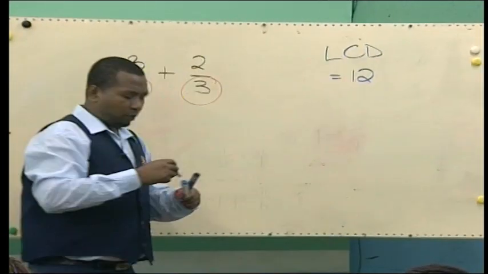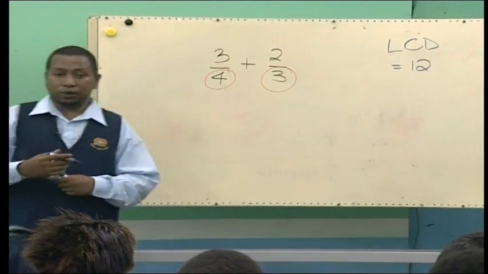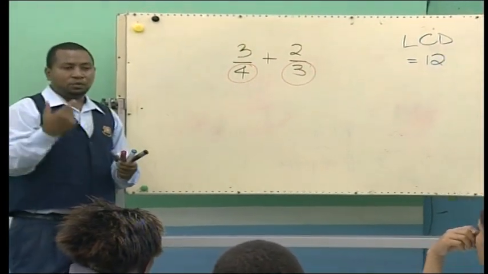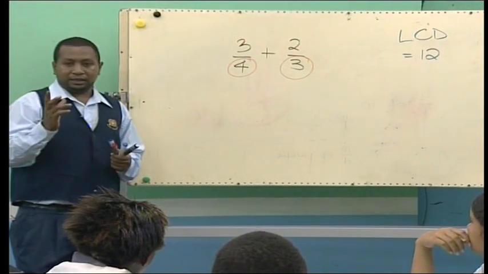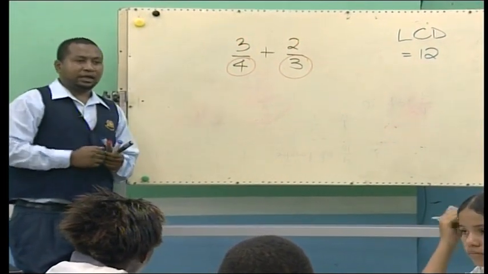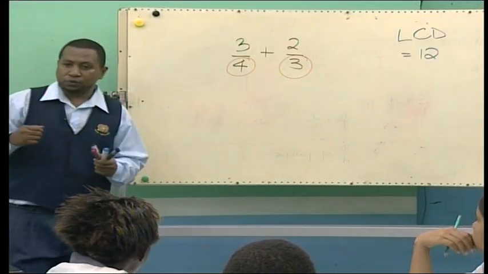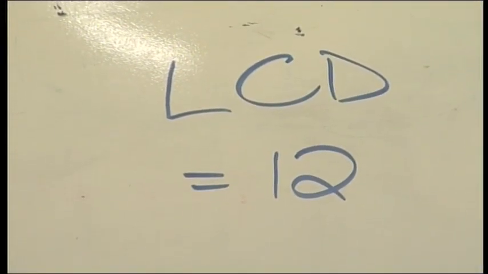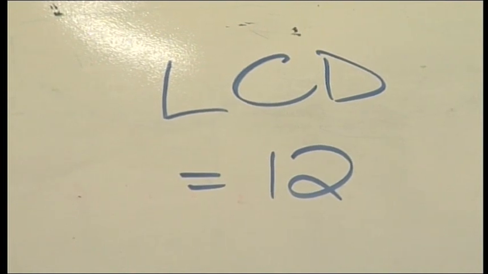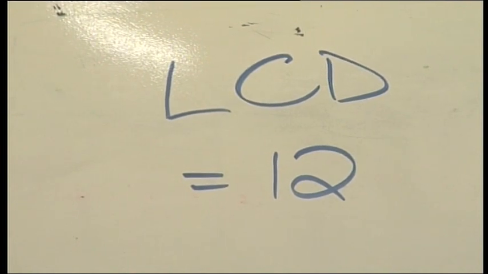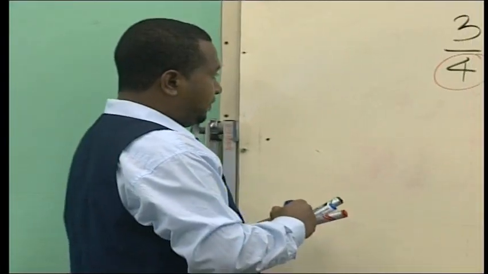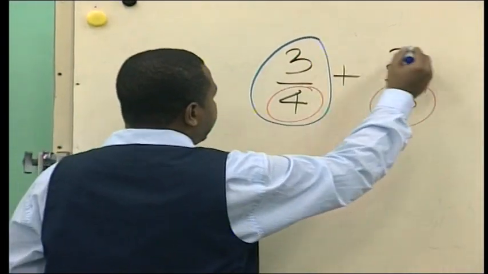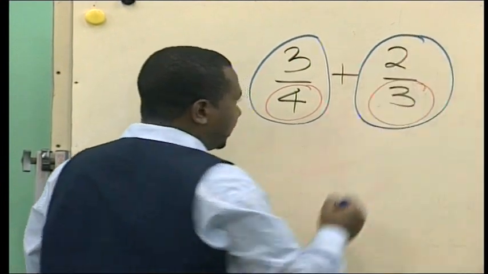Now, when we find the LCD, or the lowest common denominator, it will be easy for us to work the fraction out. But before we do that, this is when we are going to use equivalent fractions. Let's look at the board. We have two fractions. One is 3/4 and the other one is 2/3.